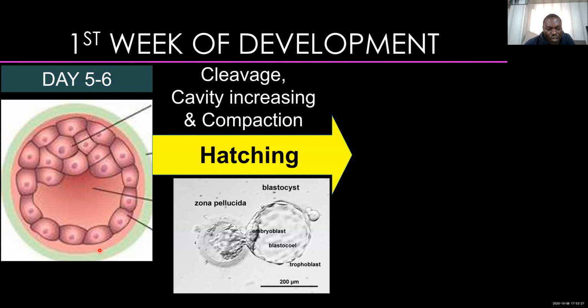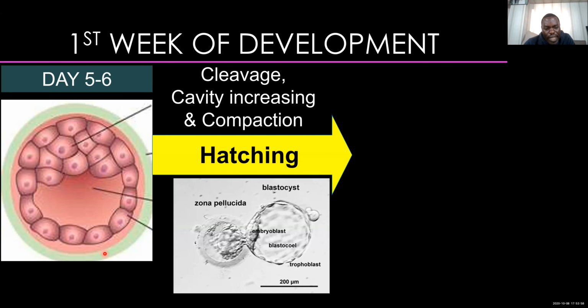We call this region the embryonic pole, as opposed to this side, which is called the abembryonic pole. I'll explain to you shortly why it's called embryonic and why this one is called abembryonic. So the zona pellucida gives way at the embryonic pole.